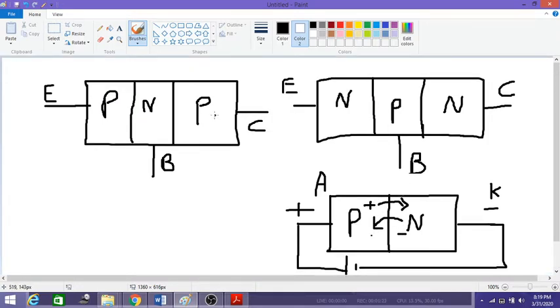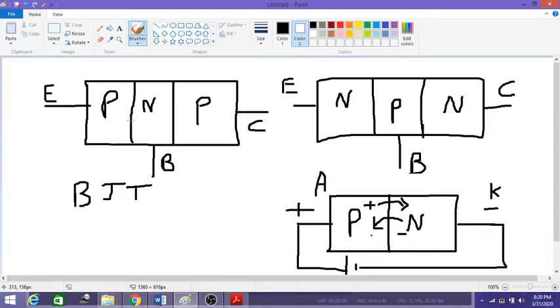Now the same concept is also applicable for the transistor, because before we discuss the JFET, we should understand the concept of the transistor. This transistor we call a bipolar junction transistor, BJT. BJT stands for bipolar junction transistor.